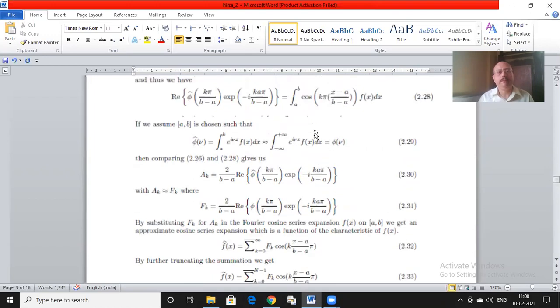So our assumption is that if we can make these two integrals close to each other, then this AK, the truncated version, and this FK, the actual version, will also be close to each other.